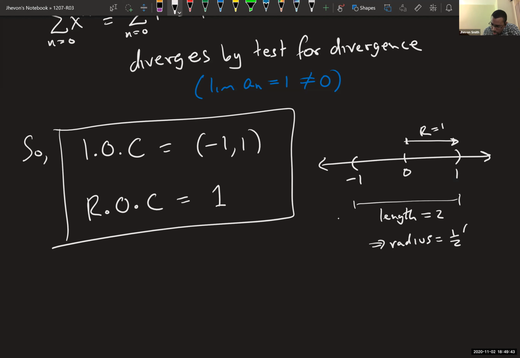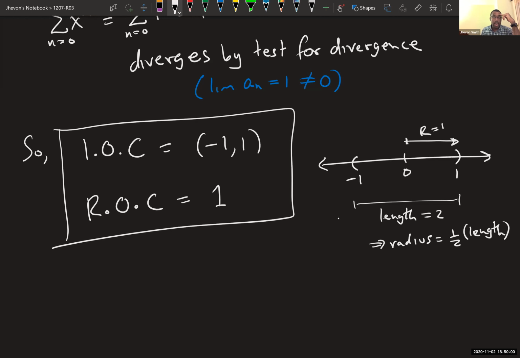Radius equals 1/2 the length. So if you want to find the radius of convergence, you can first find the interval of convergence and just take half the length of that interval, or just realize that once you can write it as the absolute value of x minus x naught less than some number, that number is going to be your radius of convergence.